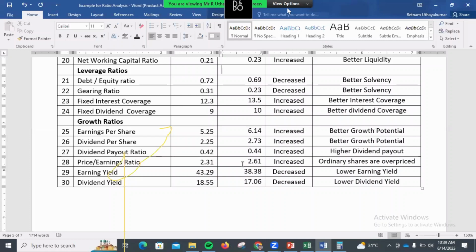Earning yield decreased, so it is lower yielding than the previous year. So you can interpret all these growth ratios in comparative terms only. There are no absolute measures or standard ratios unless you compare with previous years or the industrial average.